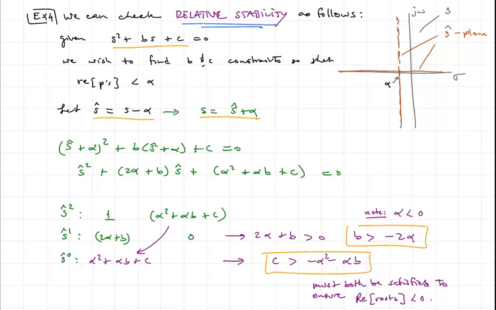We substitute this s hat plus alpha into our original polynomial, and then we evaluate the Routh stability criteria for s hat.